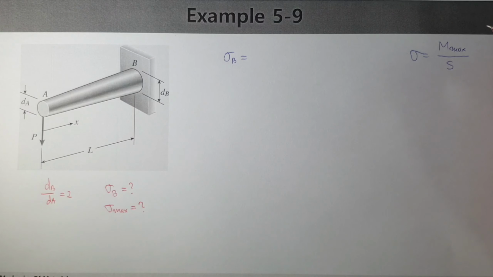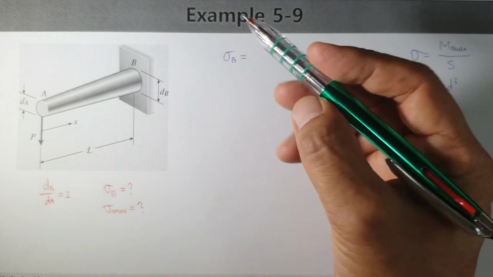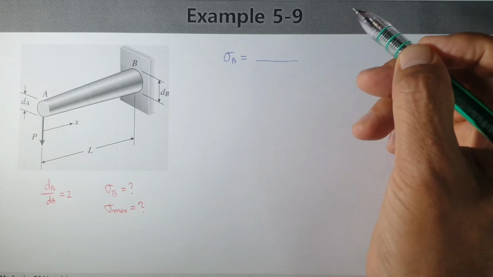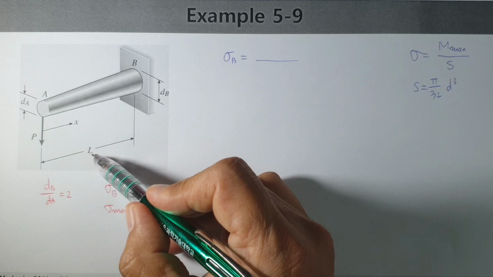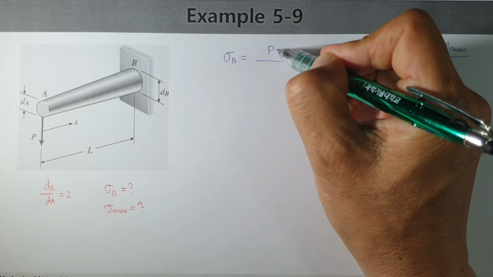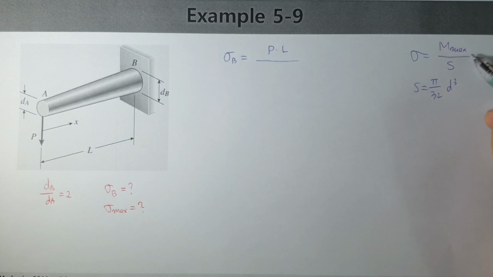In the case of the section modulus of a circle, S equals π over 32 D³. At this point, P multiplied by L, that's PL, is the moment.